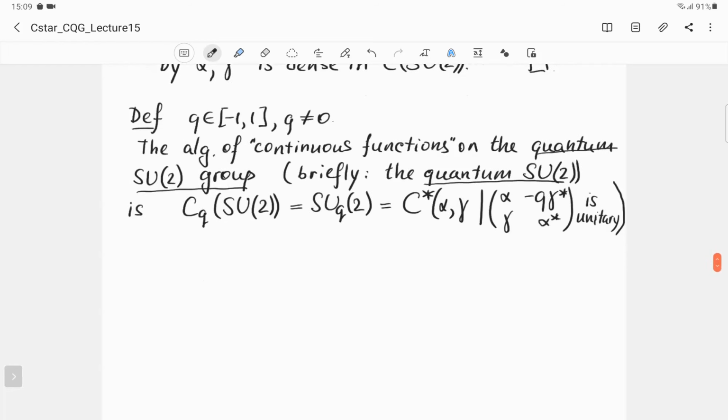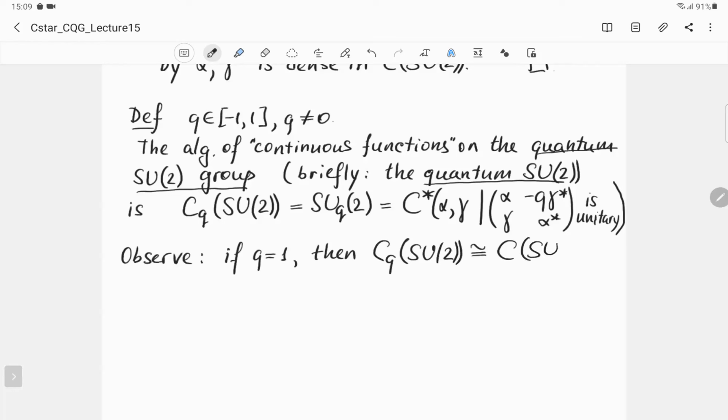Okay, so it's clear from this definition and from the previous proposition that if q equals 1, then we get exactly the algebra of continuous functions on SU(2). So this follows from the previous proposition.